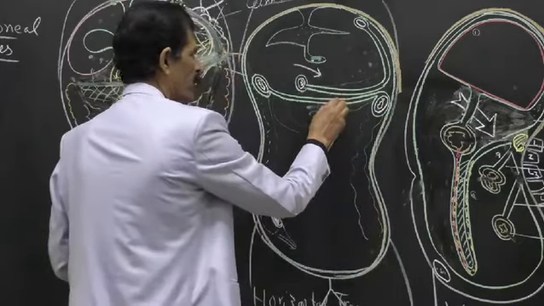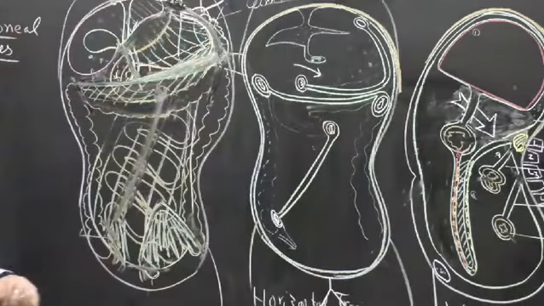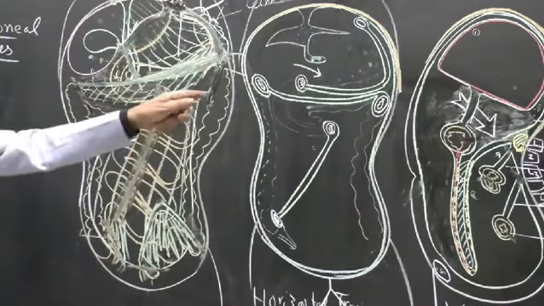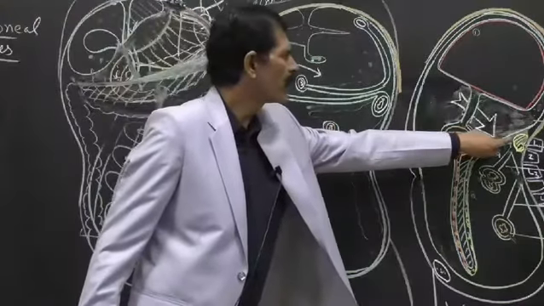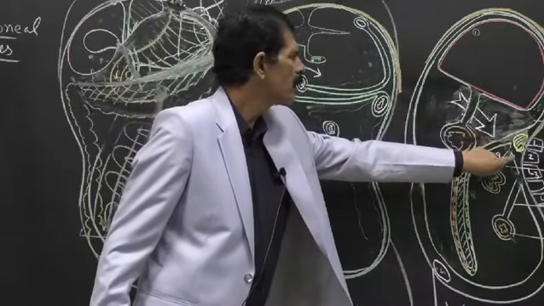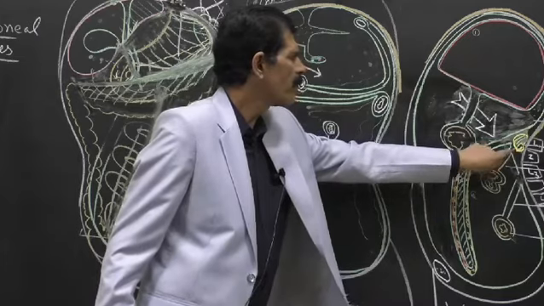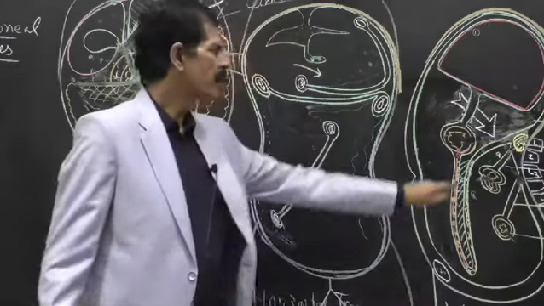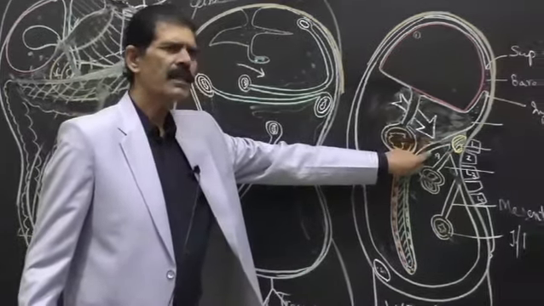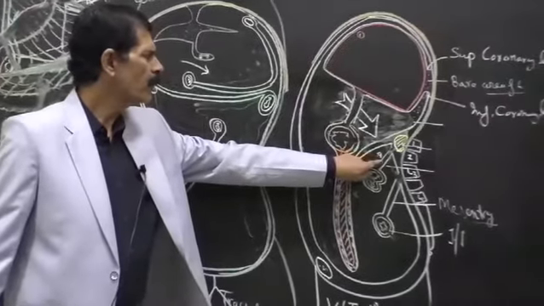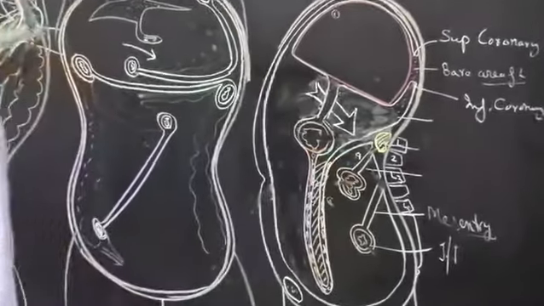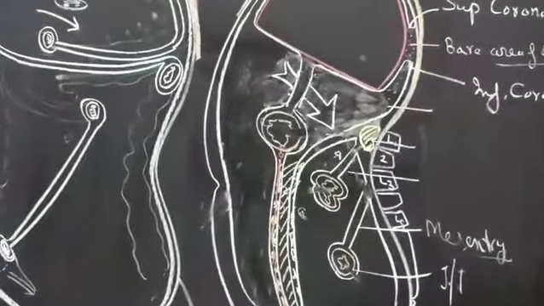This is the root of transverse mesocolon. Both are on the anterior surface of pancreas. We have shown here also. Root of greater omentum, 2 roots, and root of transverse colon, again 2 lines. This number 3 is becoming number 4 layers, then same number 4, 4 and 4. The 4 is forming the transverse mesocolon.